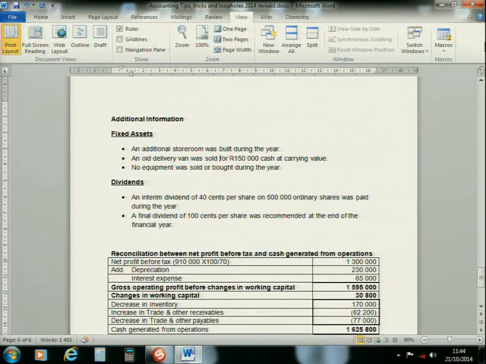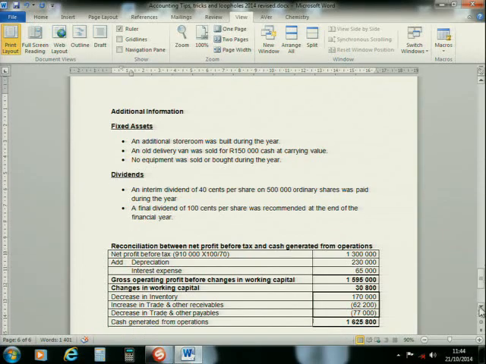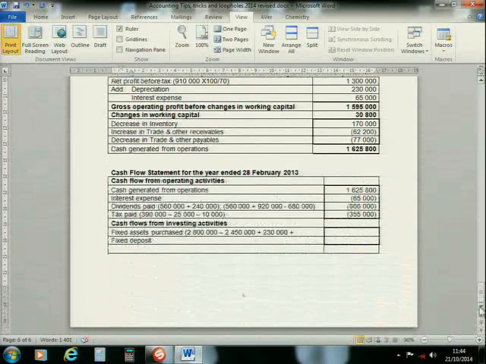So that is disposals at carrying value. So plus 150.